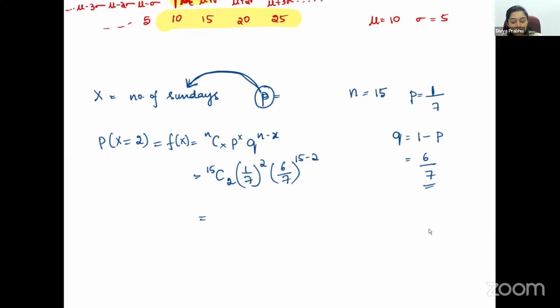Quick, quick, quick. 15C2 into 1 by 7 to the power 2, 6 by 7 to the power 13. Nobody is getting the answer. Just have to multiply them fast.